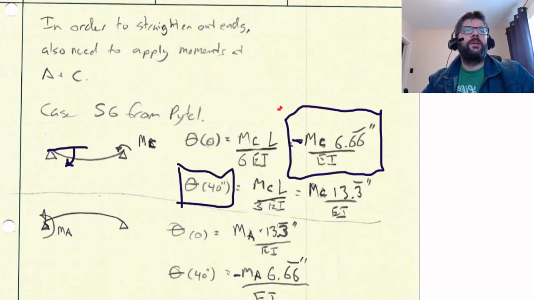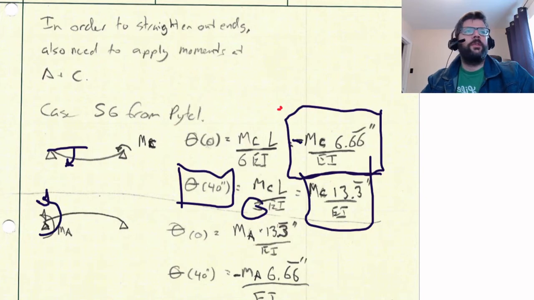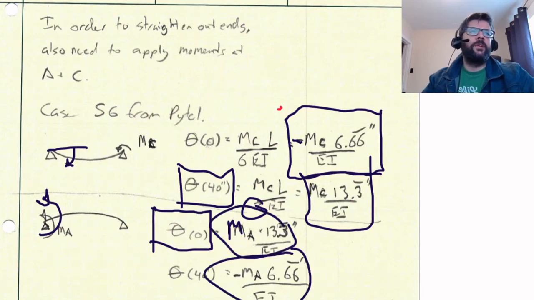And then at this end it'll be double that, only dividing by 3. And then at the other end, obviously we're going to also need to apply another moment to straighten that part out. So again, that'll be that moment times L over 3EI on this end, and then the other way around for the far end.